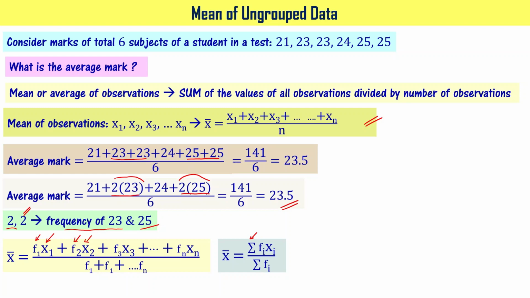Here i is called index. It represents numbers like 1, 2, 3, 4, 5, 6, 7 and so on up to the last observation. If the last observation is 10, then i represents 1, 2, 3, 4, 5, 6, 7, 8, 9 and 10. You understood?